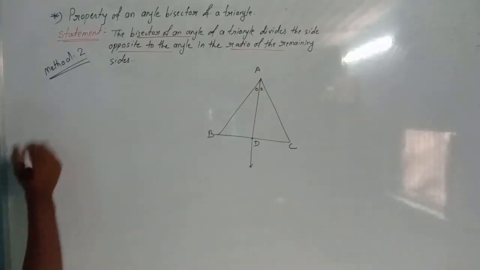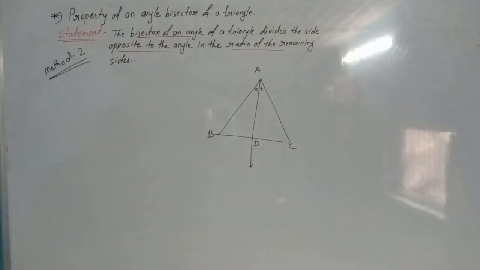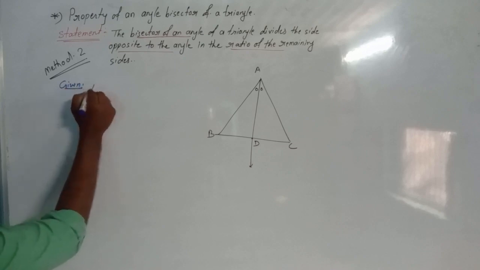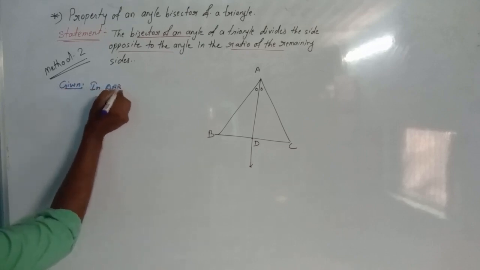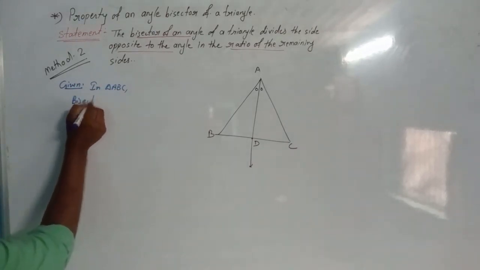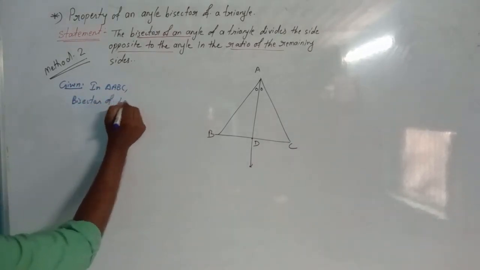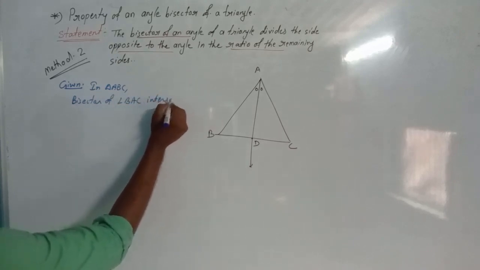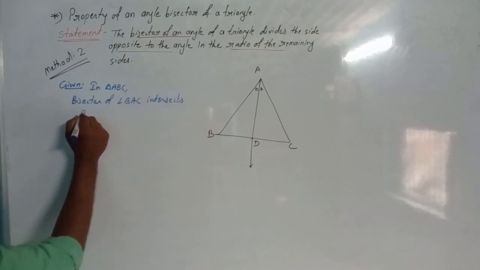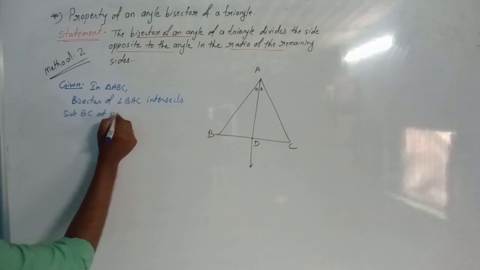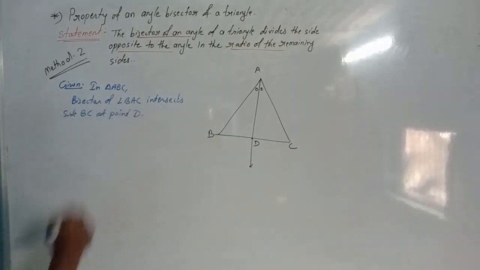So first write the given. So given is, in triangle ABC, the bisector of angle BAC intersects side BC at point D. So this one is the given thing.